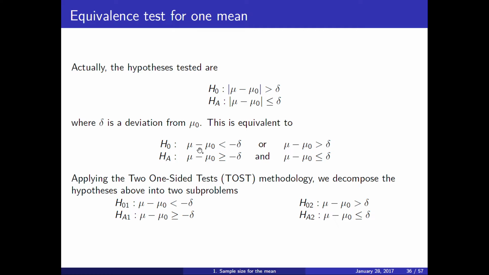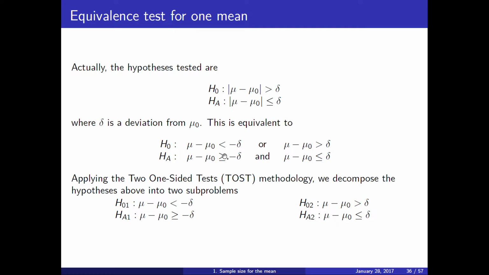So actually, when you look at these two pairs, you see that they have exactly the same condition except for the sign. So this one is larger than minus delta, this is smaller than minus delta.